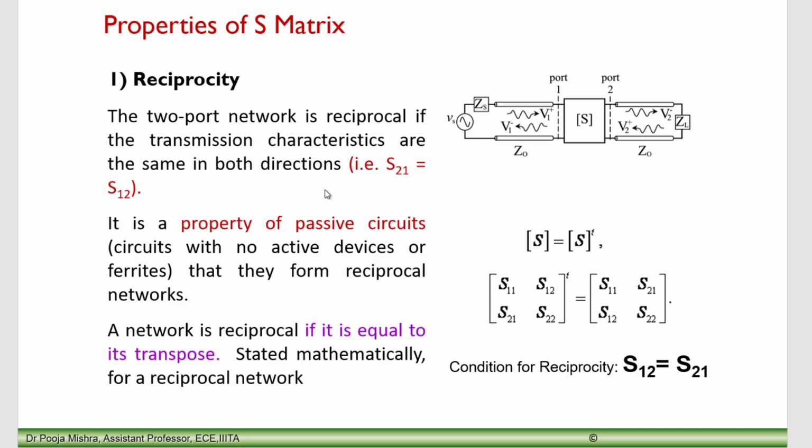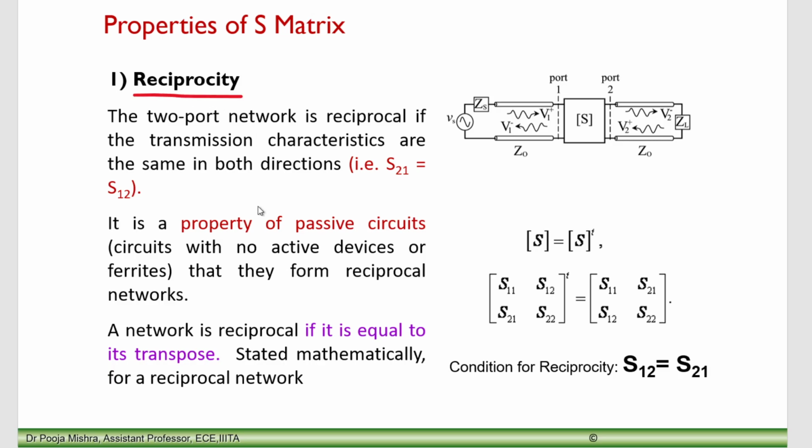Now let's see the properties of the S matrix, which are very important. If you want to characterize any device, you should know the properties of the S matrix. This is a two-port system shown over here, and each transmission line connected to the device has the same characteristic impedance. The first property is reciprocity.